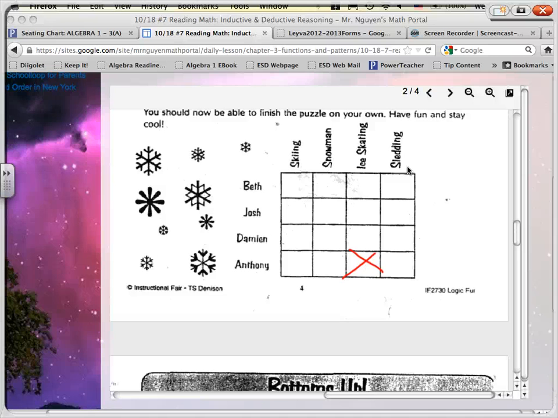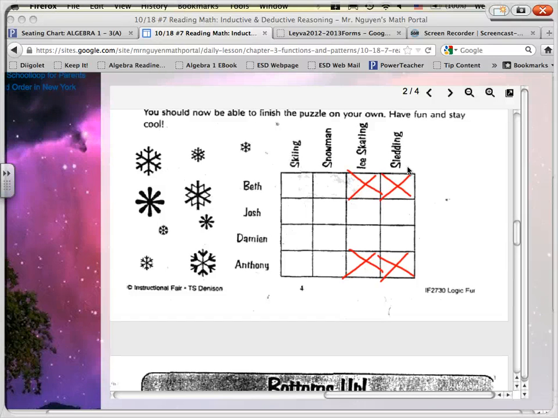Look at the third clue. Beth is mother to the ice skater and the sledder. This one sentence right here tells a lot. If Beth is the mother to the ice skater and the sledder, that means she's not doing the ice skating or the sledding either. So because of that, we can cross out the ice skating box and the sledding box. And because if she's the mother to the ice skater and the sledder, that means Anthony's also the father of the ice skater and the sledder.